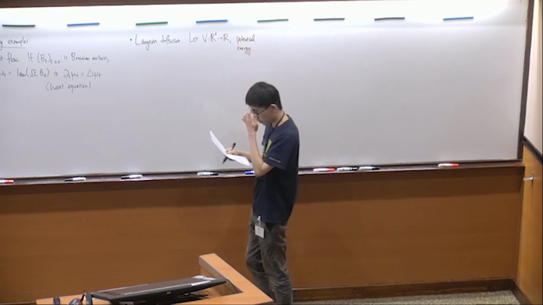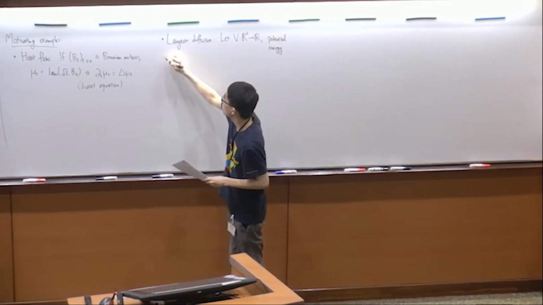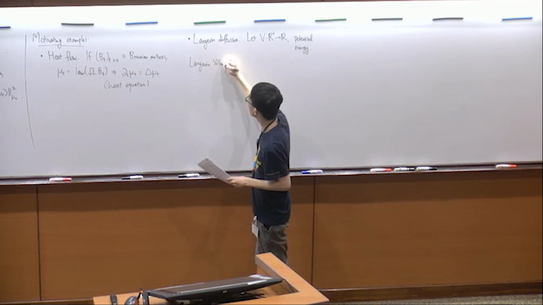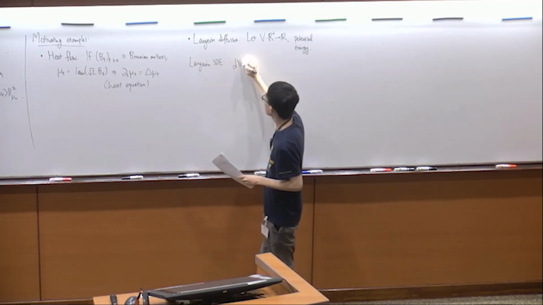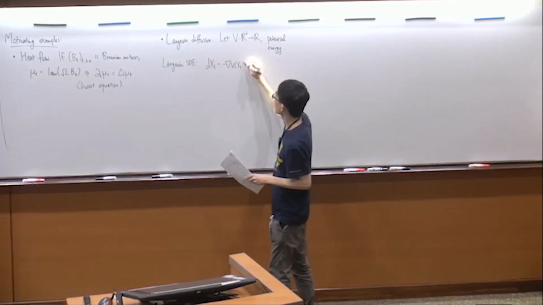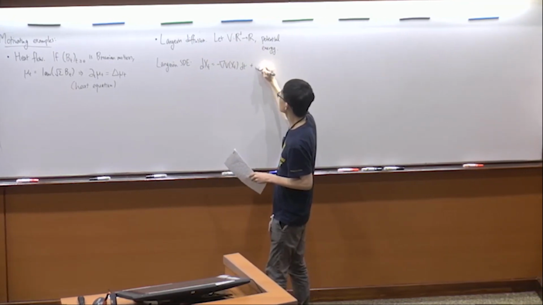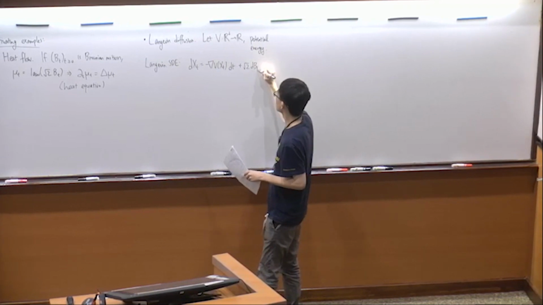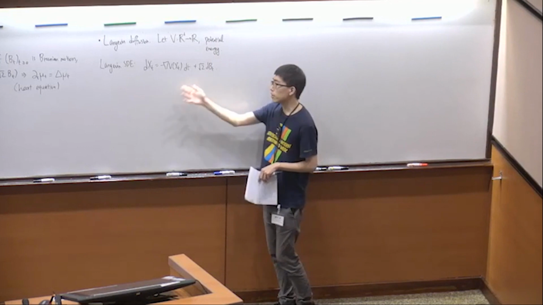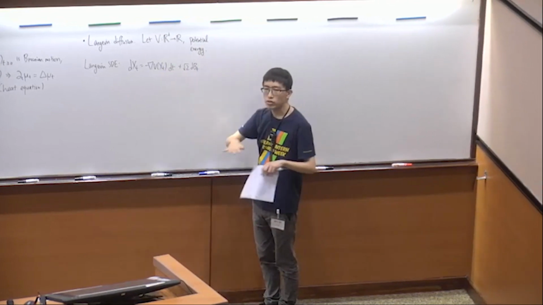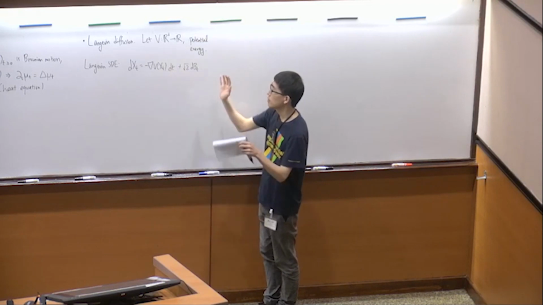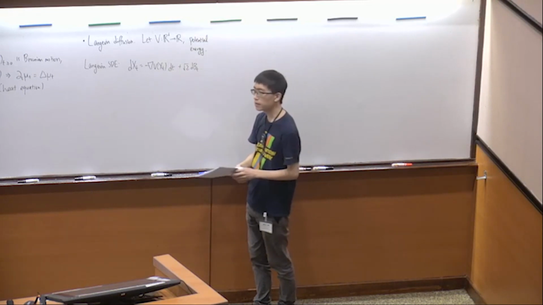Given this potential energy, the Langevin SDE is the following stochastic differential equation: dXt is minus gradient of the potential plus a Brownian motion. So the heat equation is the special case where this potential is 0. There's no potential, but sometimes we want to consider what happens if there's a confining potential.